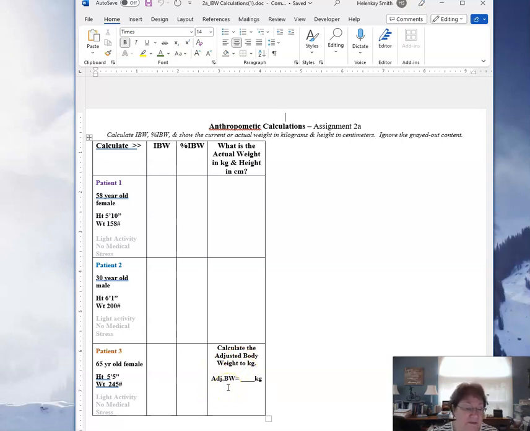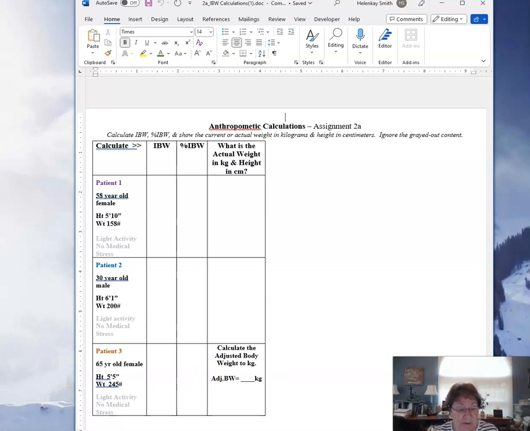For individuals who exceed 125% of their ideal body weight, we're going to use a formula called adjusted body weight.